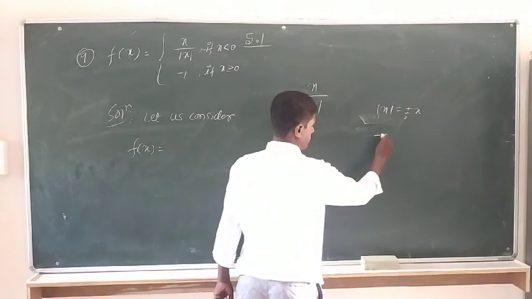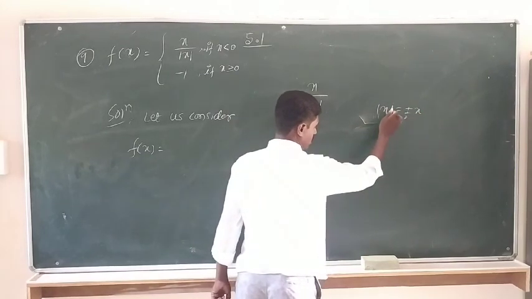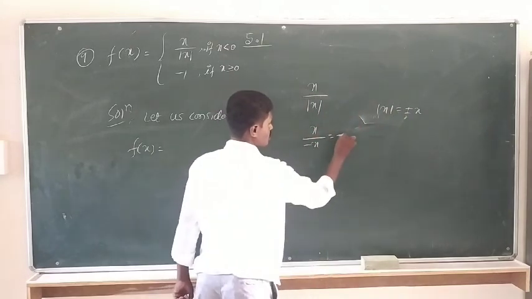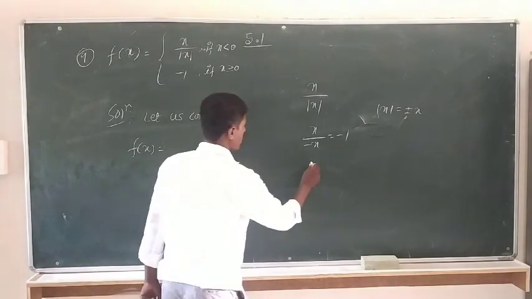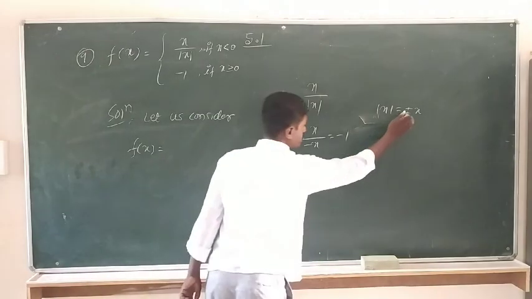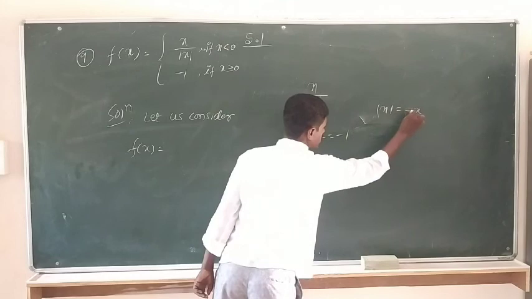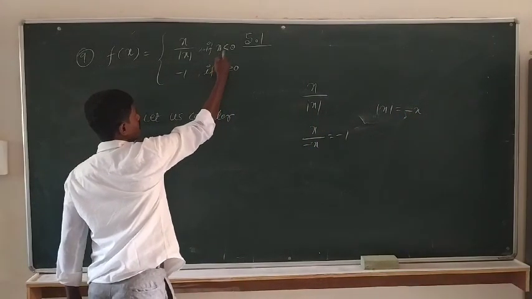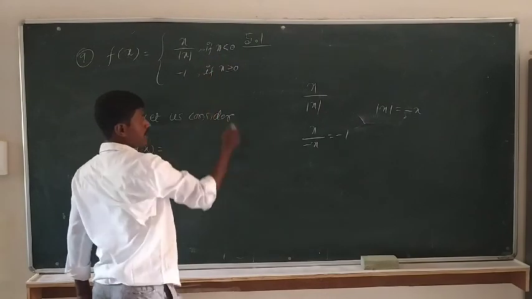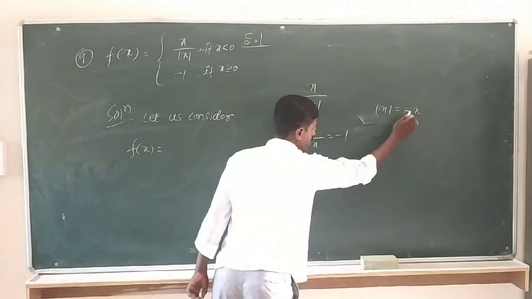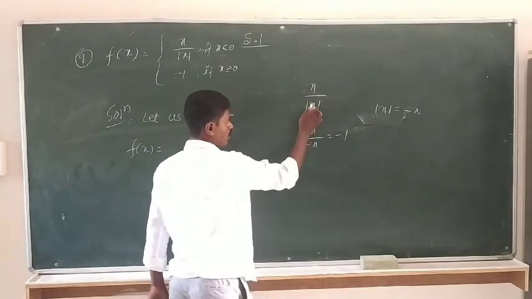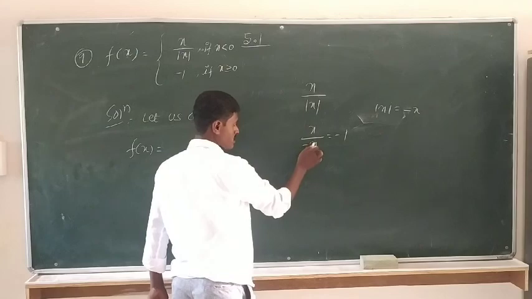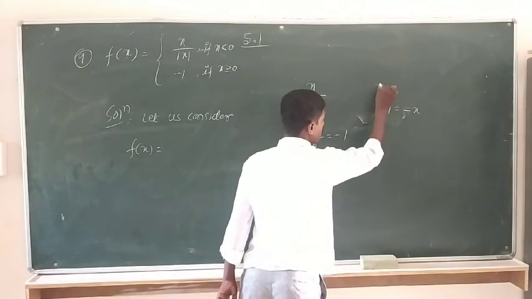So when x is less than 0, the value of modulus x is minus x, that is, x divided by minus x is equal to minus 1. Because only we consider the negative x, since x is less than 0, we put the value of the modulus of x as minus x, but not the plus x.